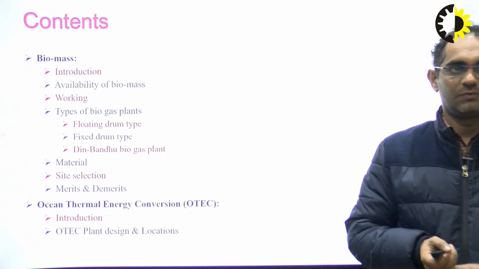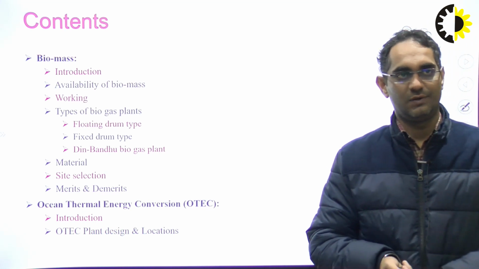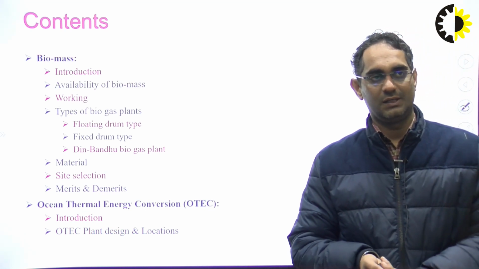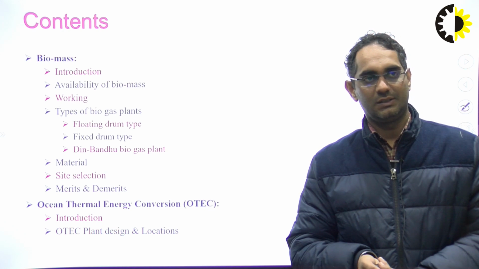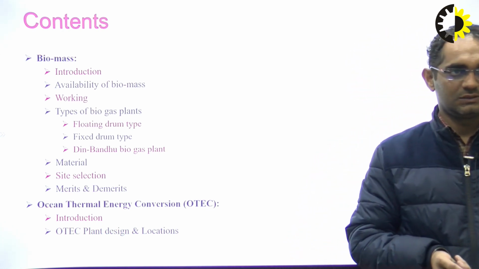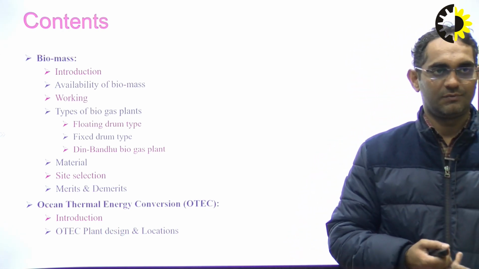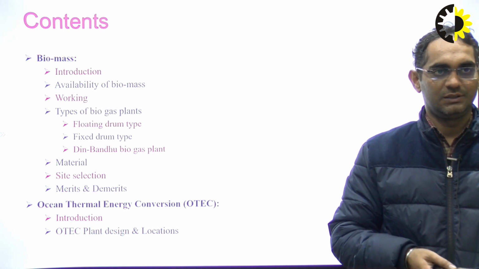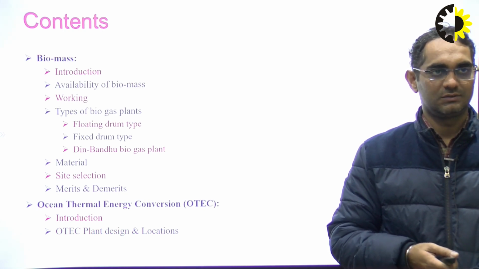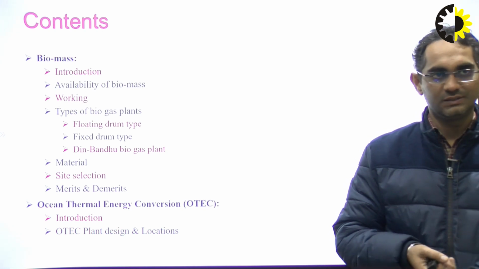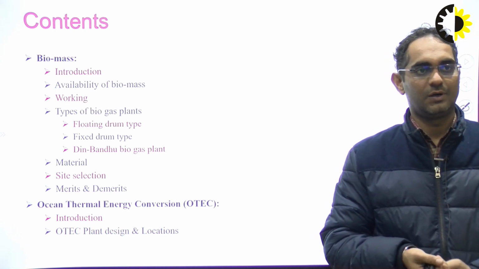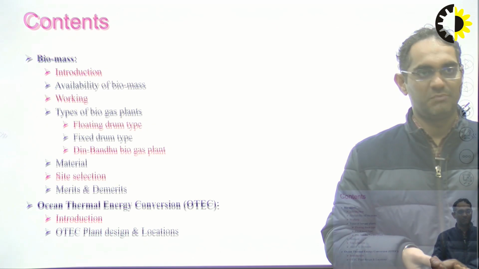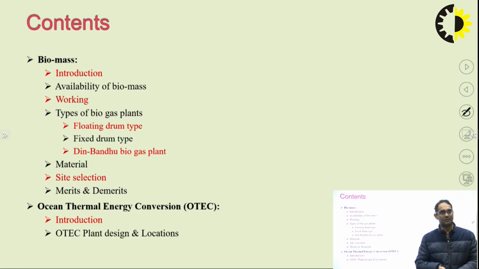Okay. So, first of all, biomass, its introduction, availability of biomass, working, then types of biogas plants, that is floating drum type or fixed drum type, or Deenbandhu biogas plant. We will discuss all these things, and the material for the biogas and the site selection, then merits and demerits of this biogas, then ocean thermal energy conversion, that is OTEC, its introduction, OTEC plant designs and location.